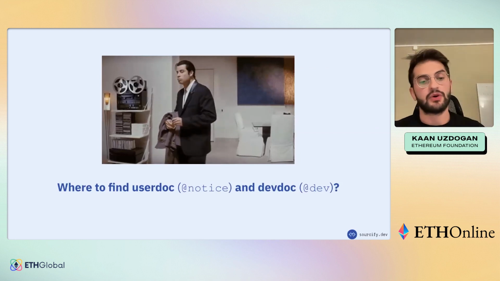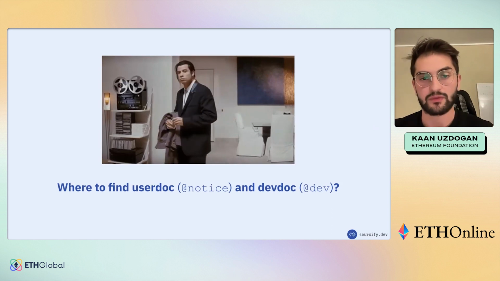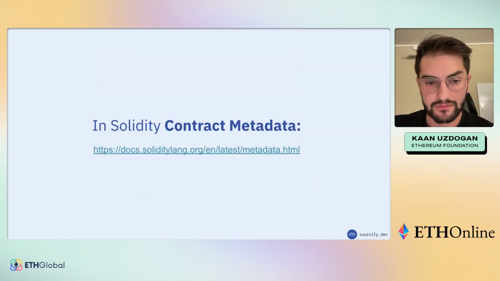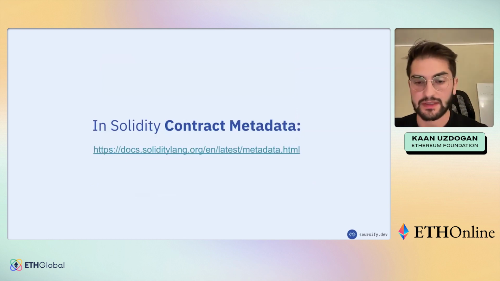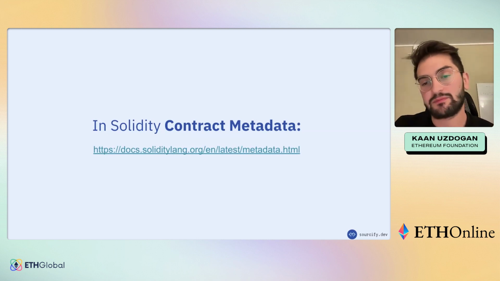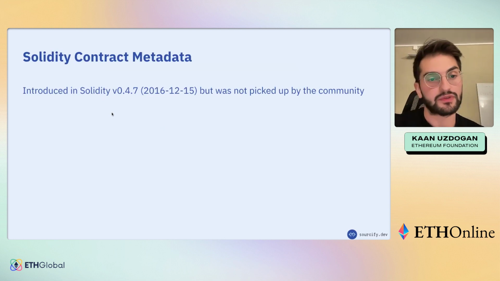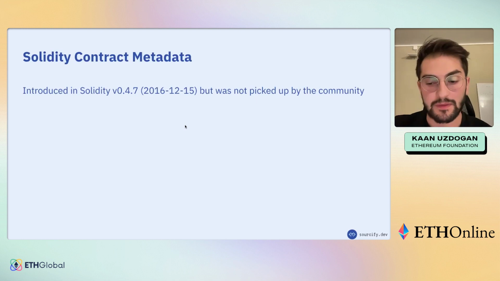Okay, so we know what user doc and dev doc are, but where can we find and leverage these fields? These fields are in the Solidity contract metadata. I'm not sure, probably most of you are not familiar with the contract metadata. It was actually introduced in 2016 with the earlier versions of Solidity, but it was not picked up by the community.